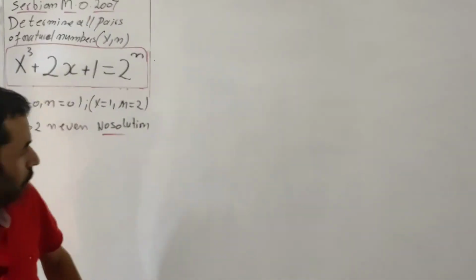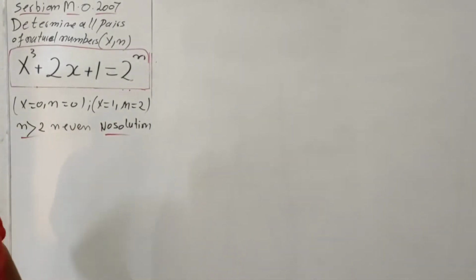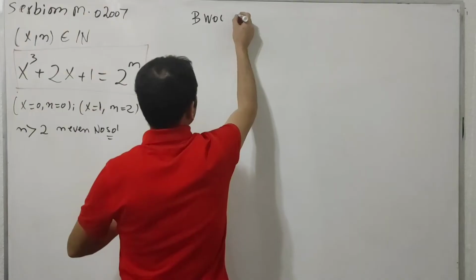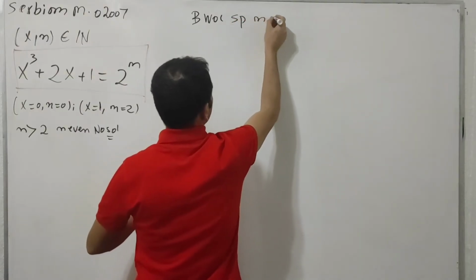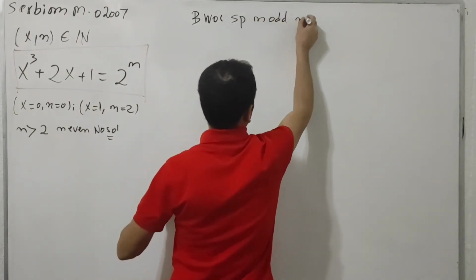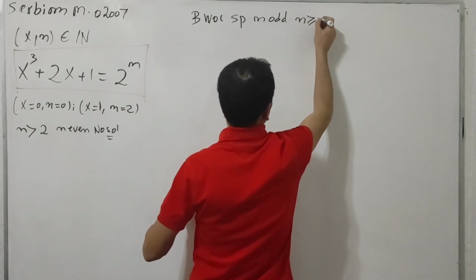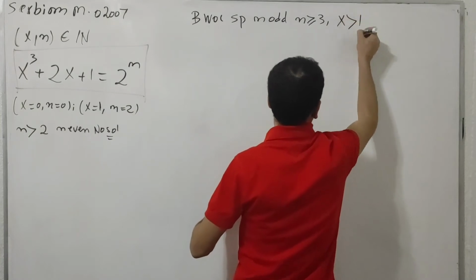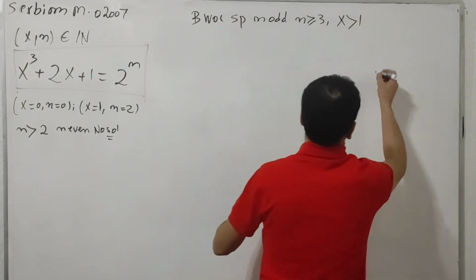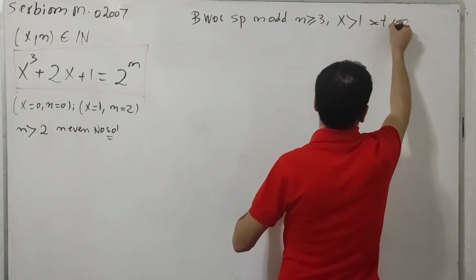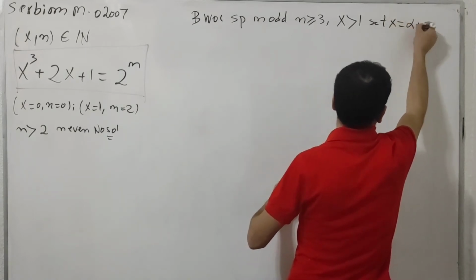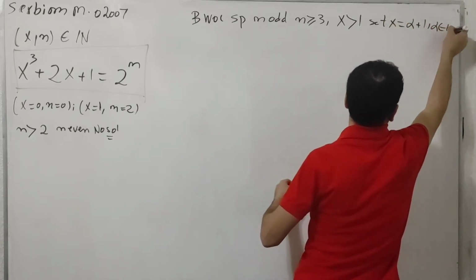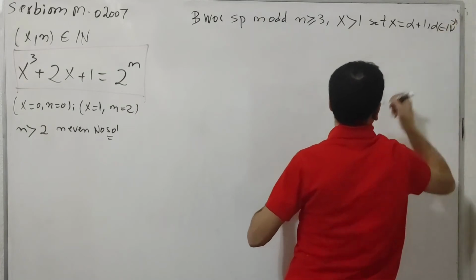So I'm going to check when n is superior or equal to 3 and odd. Okay, suppose n is odd, n superior or equal to 3, and x is strictly superior than 1. So let's set x equals alpha plus 1, where alpha is some natural number, not including 0.